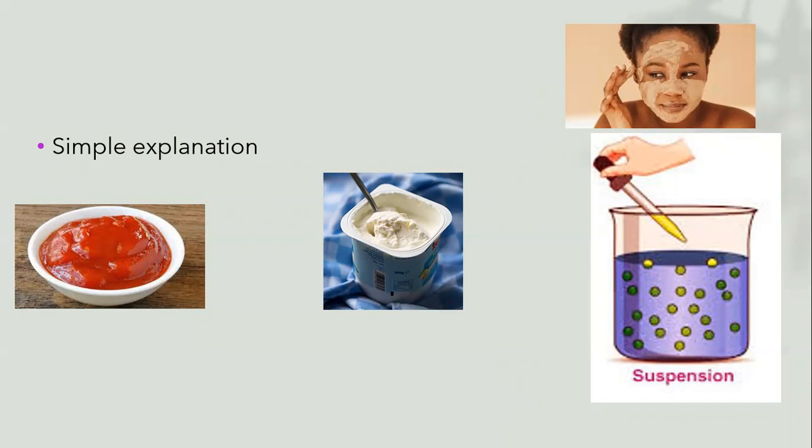How does it break? You must have noticed that if you have a ketchup bottle and you shake it, the ketchup will come out easily. When you shake it or put pressure, the liquid comes out, and when you keep it aside for some time, it will again have that thickness.